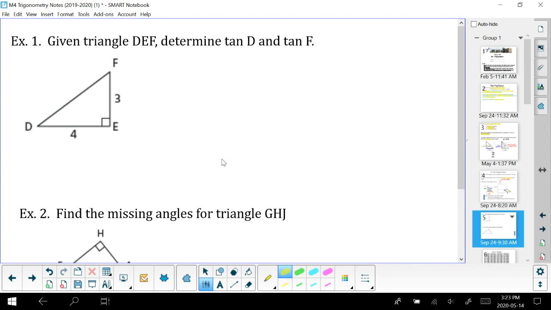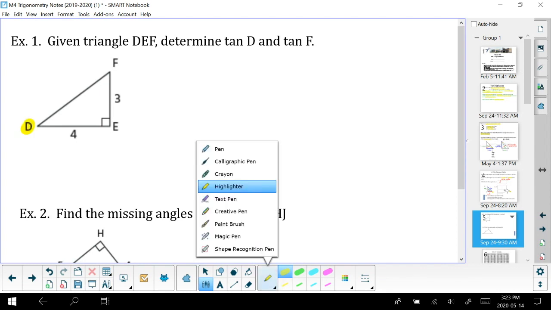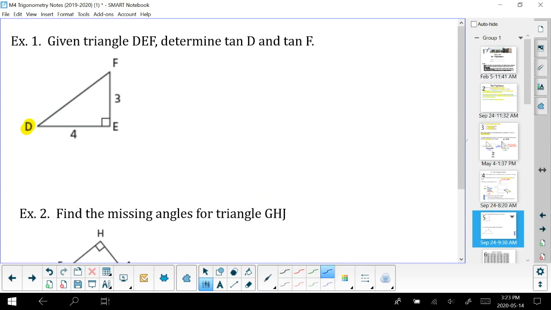Starting off with angle D, we can first note that our hypotenuse is going to be right here. Again, the hypotenuse isn't particularly important because we aren't dealing with the hypotenuse as a side length currently. Next, we're going to look at the side directly across, which is my opposite side.